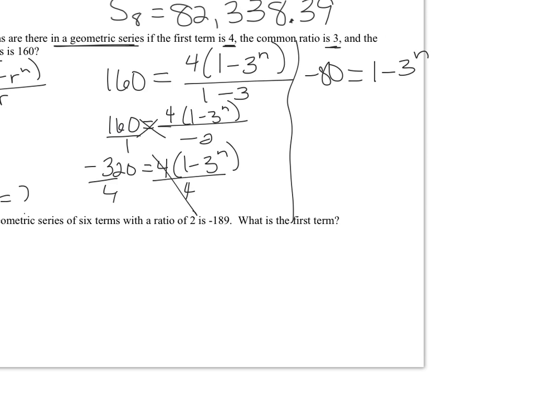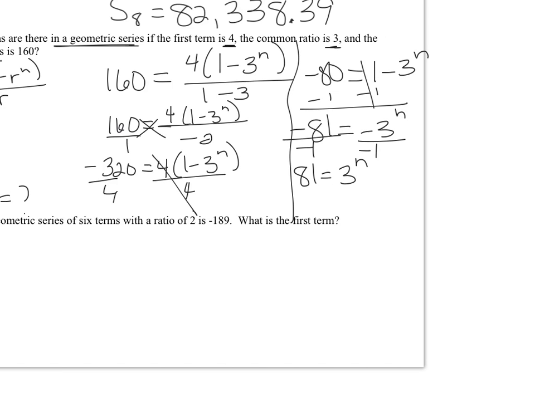So I subtract 1: negative 81 equals negative 3 to the n. Don't lose that little negative right there. Remember, this n is not raising the negative 3. So I can divide out the negative 1 and get 81 equals 3 to the n.